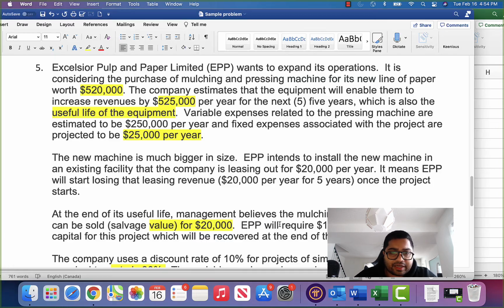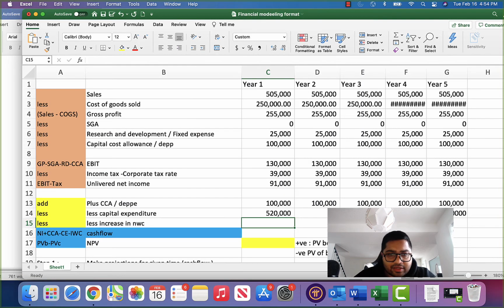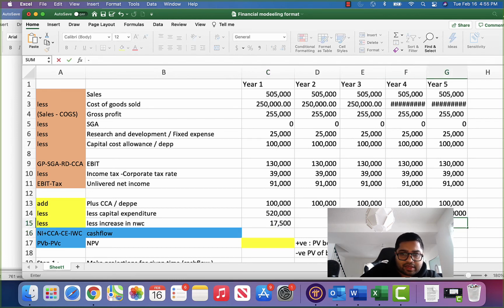Then, increase in working capital. Have they given that? Yes, 17.5 increase in working capital, which will be recovered at the end. So 17,500 will be the increase in working capital, and 17,500 will be recovered back.